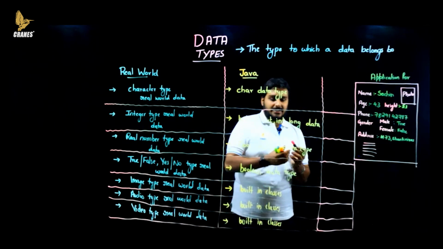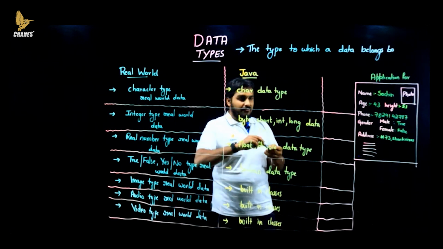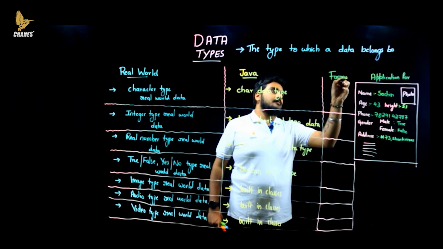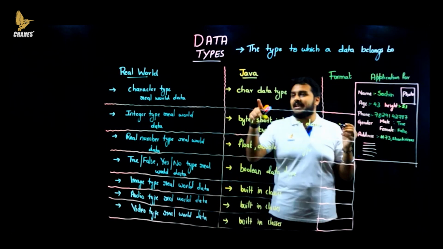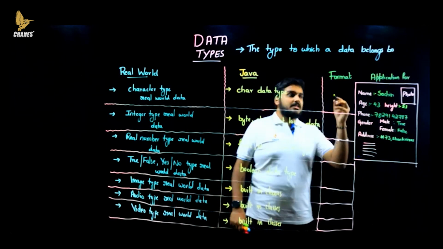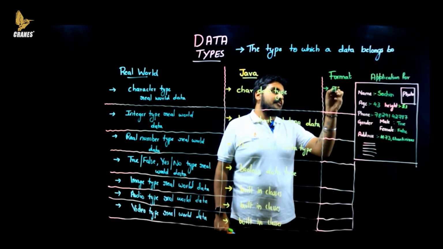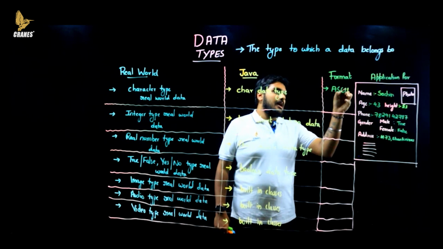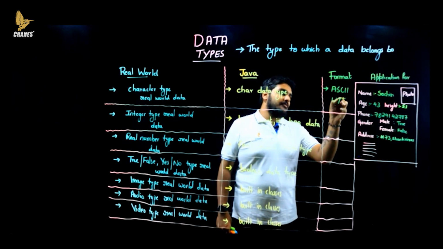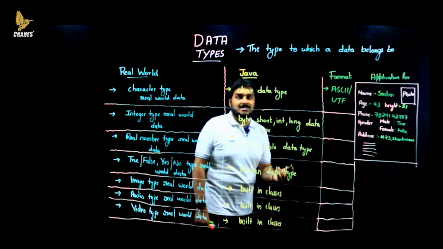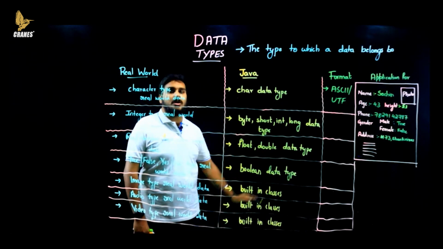What is the format, sir? The format of representation: for your character type real world data, Java provides ASCII format as well as UTF format. This is the format in which we have to represent character type real world data.